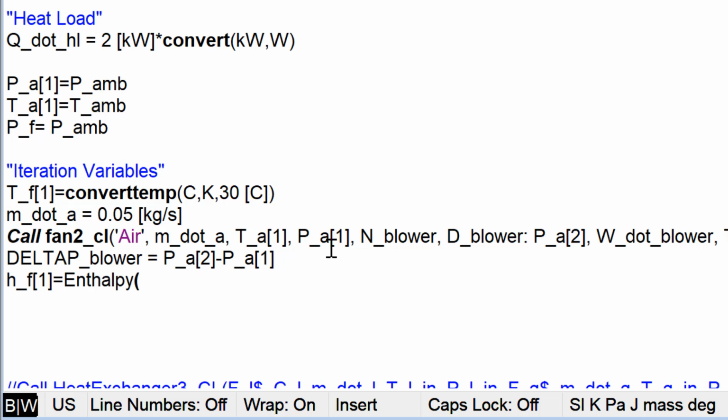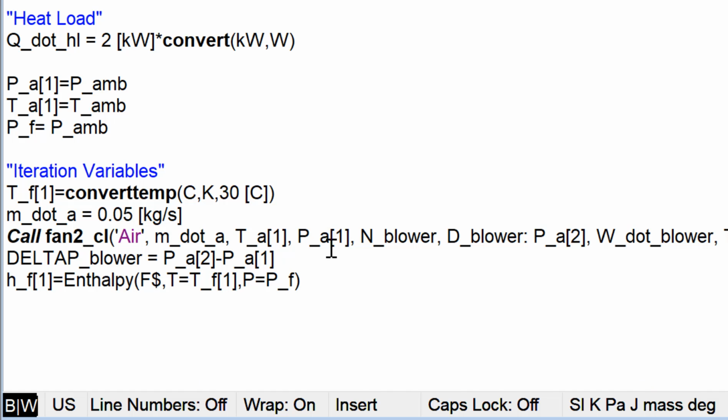This would be the enthalpy of F$, T equals TF1, which I assumed here to be 30 degrees. And enthalpy also needs fluid pressure, so this would be P equals PF. And then an energy balance says that HF2 is equal to HF1 plus the heat load divided by the mass flow rate of the fluid.